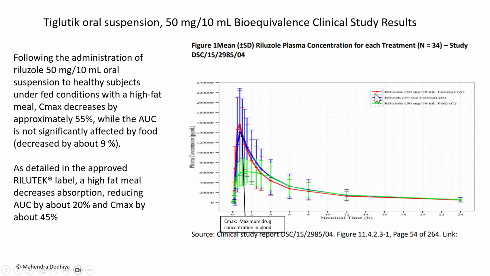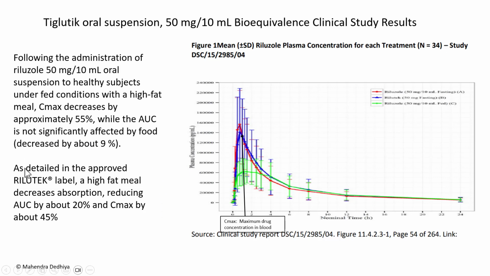The suspension is a red line and is shown here. In addition to that, the suspension is given in a fed state. When the drug is given in the fed state, there's a decrease in absorption. This is similar to the tablet formulation.